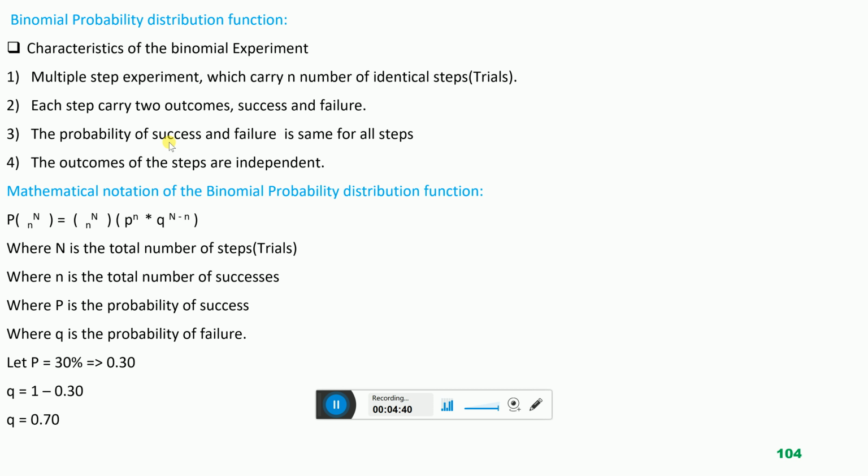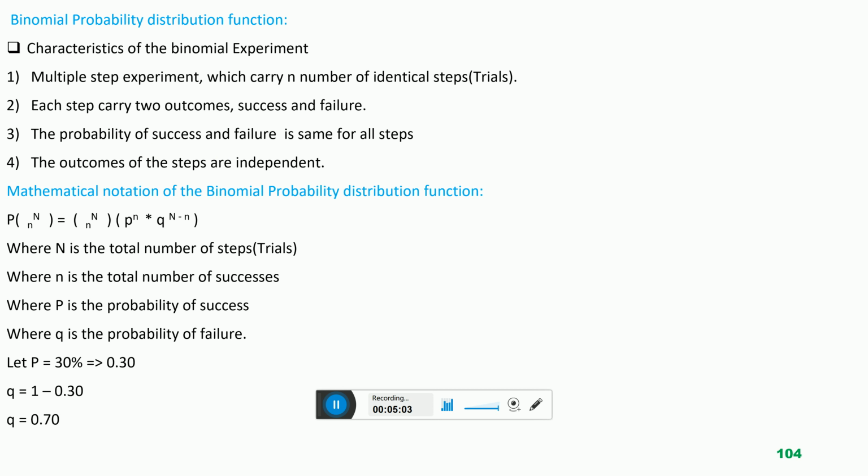Second characteristic: each toss will carry two outcomes, head on the up face of the coin or tail on the up face of the coin. And third, the probability of head and the probability of tail in both tosses is same. And the fourth, the outcomes of the steps are independent.